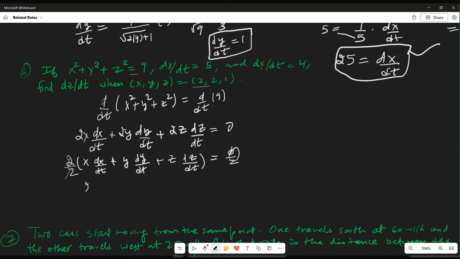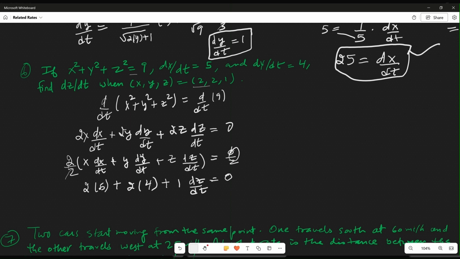So we have x times dx over dt, which is 5, plus y, which is 2, times dy over dt, which is 4, plus z, which is 1, times dz over dt, which we have to find.